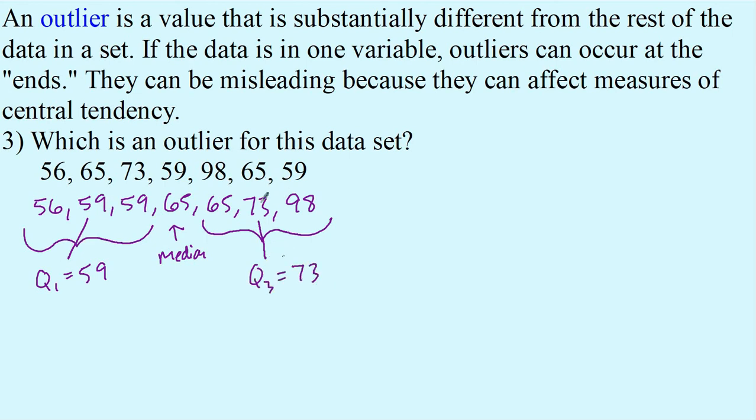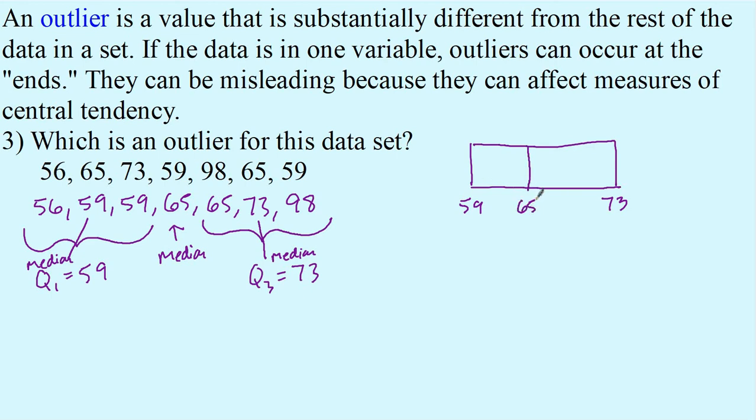Those are also the medians of the data set on the left and the data set on the right. So now you have Q1 and Q3, 59 and 73. The median is 65, so a little bit closer over here.